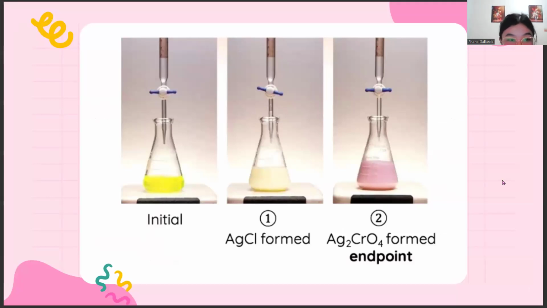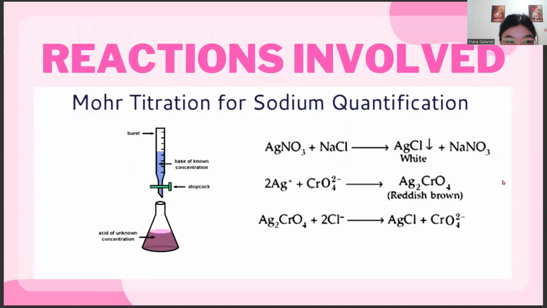As we can see from the initial picture, it formed silver chloride, which in the second picture is the white precipitate. It is important to add silver nitrate in excess so that all the chloride ions in the solution are precipitated.